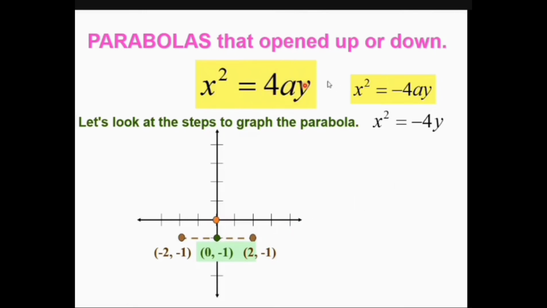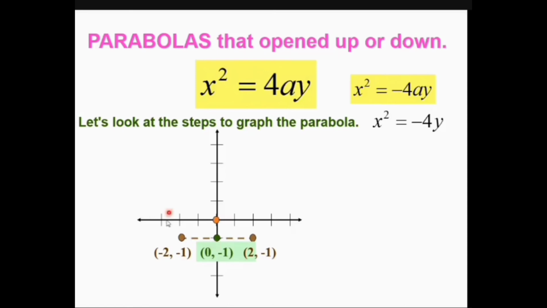Meaning, kung ano yung coefficient ni y, which is negative 4, that would be the length of the latus rectum. So since this is 4, meaning yung distance from this endpoint to this endpoint is equal to 4 units. So from the focus, we will count 2 units to the right and 2 units to the left. And we have their coordinates to be 2, negative 1, and negative 2, negative 1.